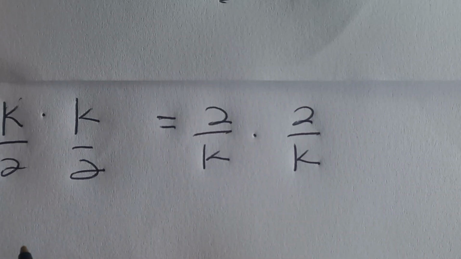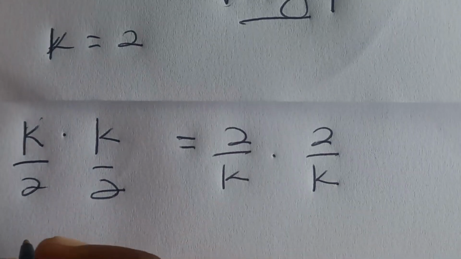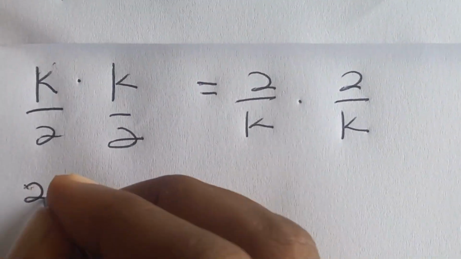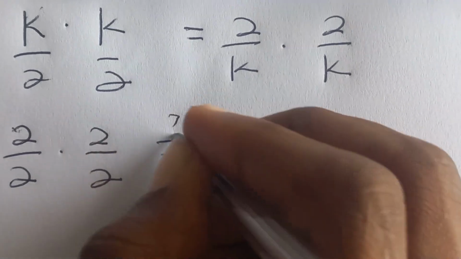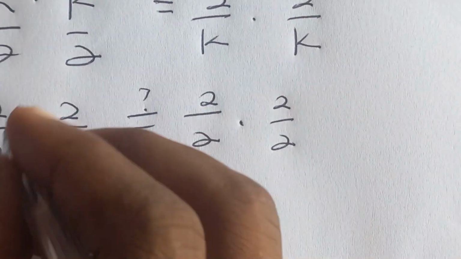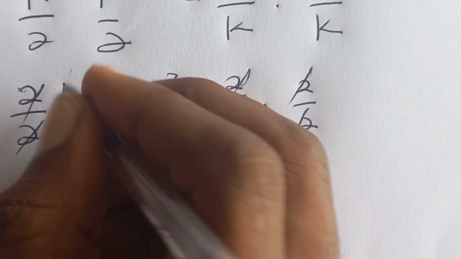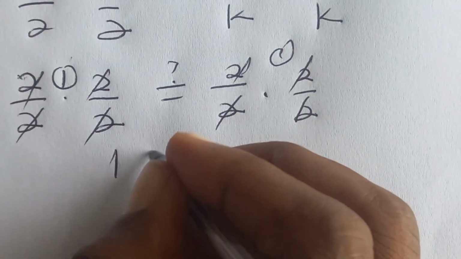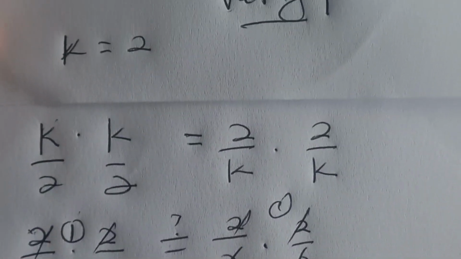So now, when k is equal to 2, we have 2 over 2 multiplied by 2 over 2 is equal to 2 over 2 multiplied by 2 over 2. So this one will cancel this, cancel. So you get 1 here, get 1 here. So 1 is equal to 1. So it means that our k is equal to 2.